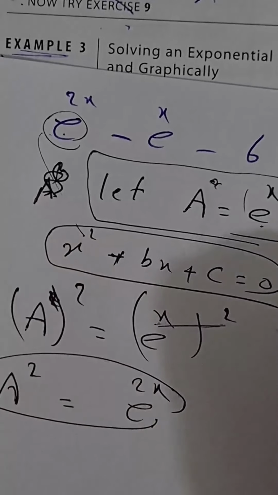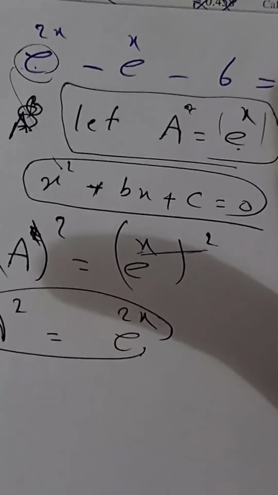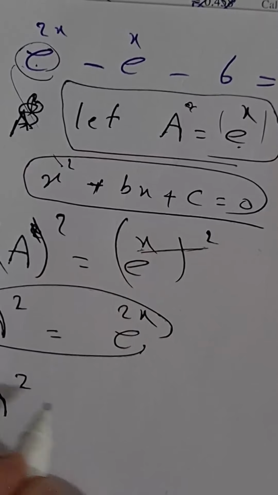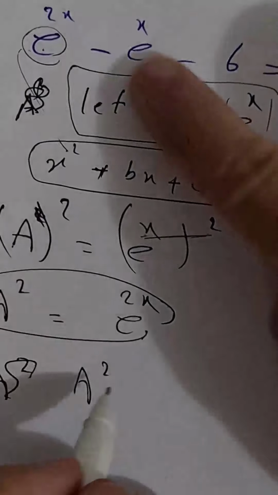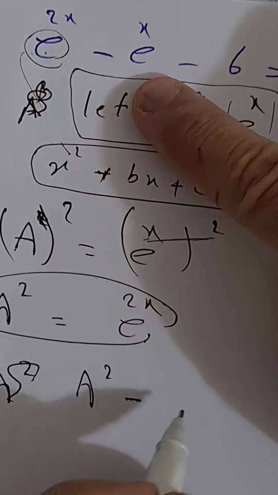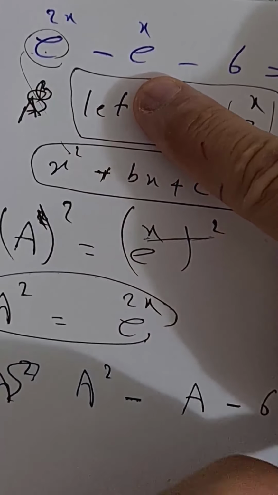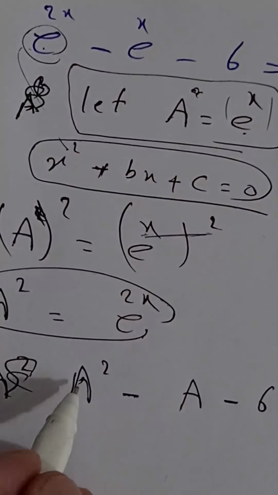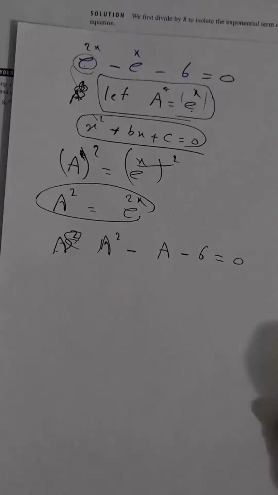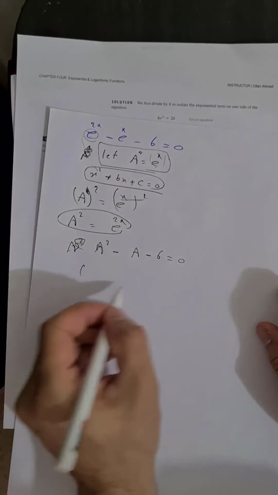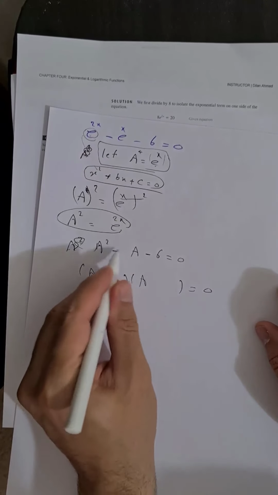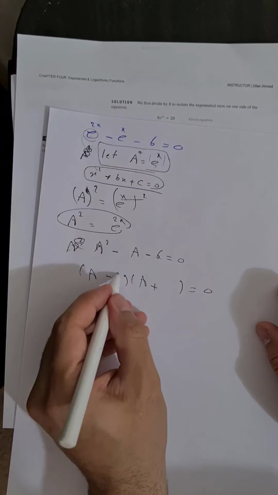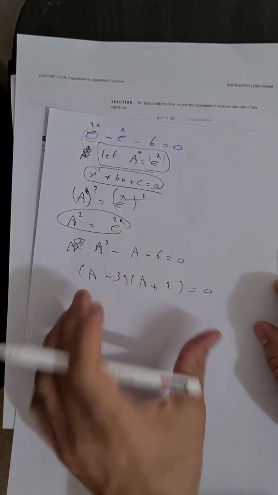So it means that our equation is in the form a squared minus a minus 6 is equal to 0. How do you solve this quadratic equation? As you know, it's easy to solve it with two brackets: (a minus 3)(a plus 2), and that's all.